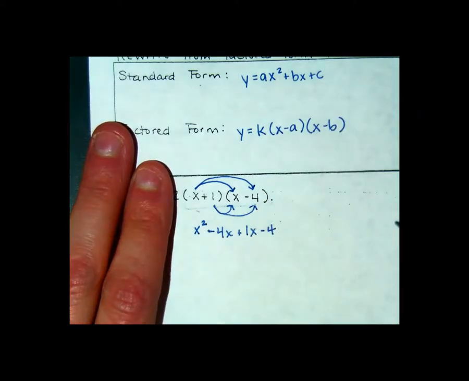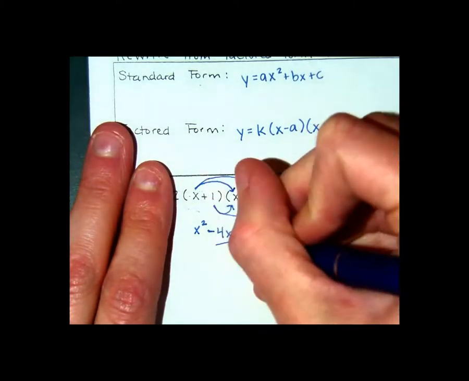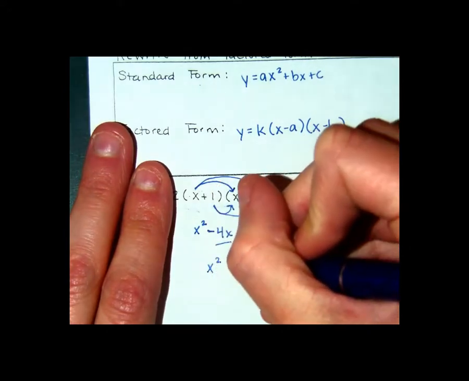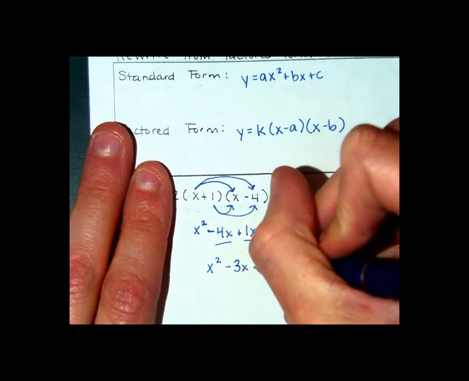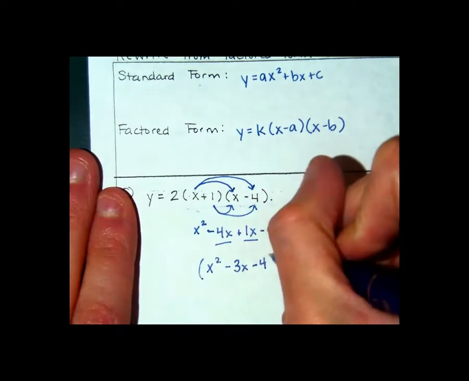Do I have like terms? Okay, how do I put them together? Add these two, so it's x squared. Then what? And then minus 4. Alright, notice that 2 is still out there.